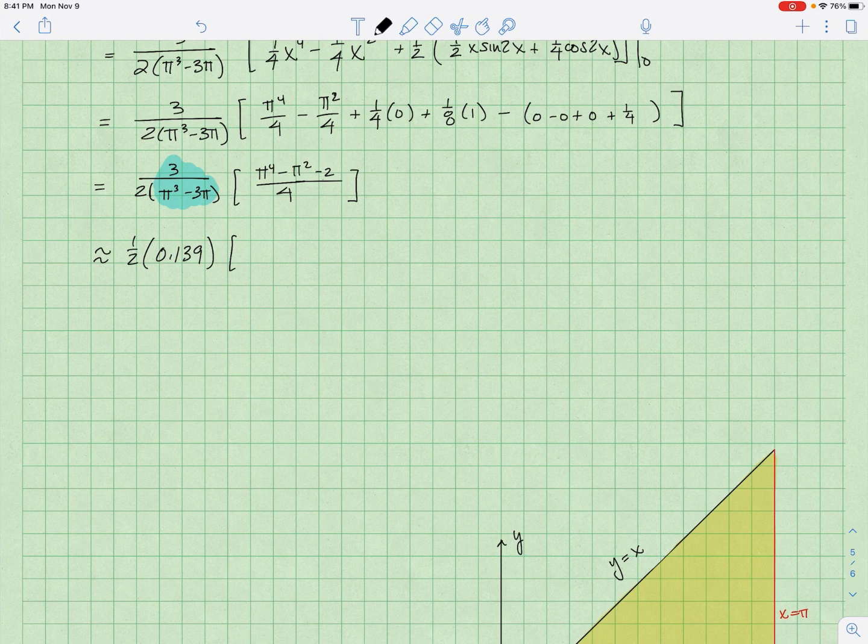It's about 85.539, all divided by 4. And that's approximately 21.385 to 3 decimal places. So we'll cut that in half. And then we'll multiply times 0.139. And we get approximately 1.486.